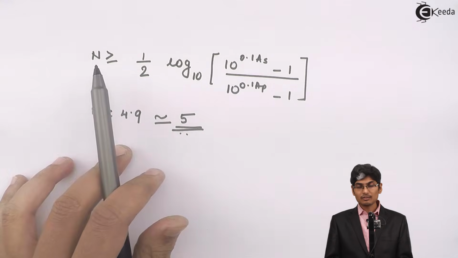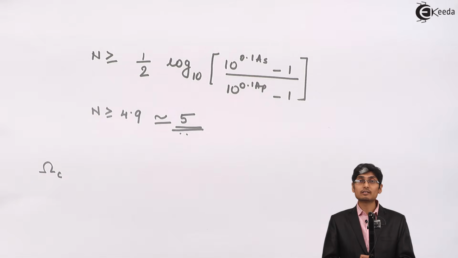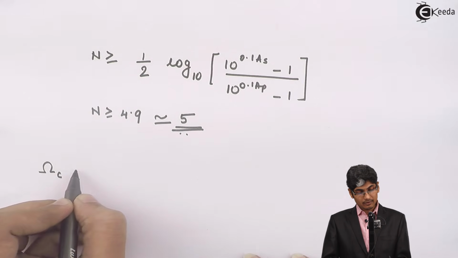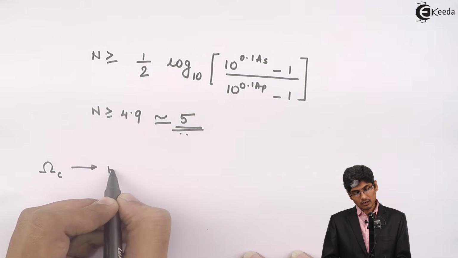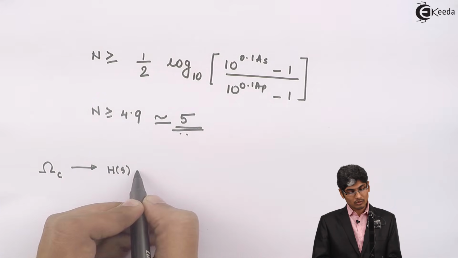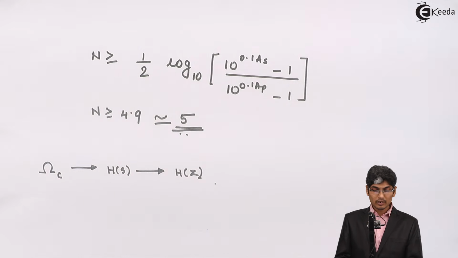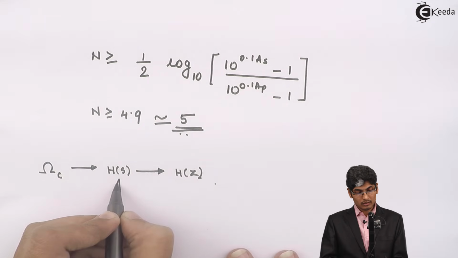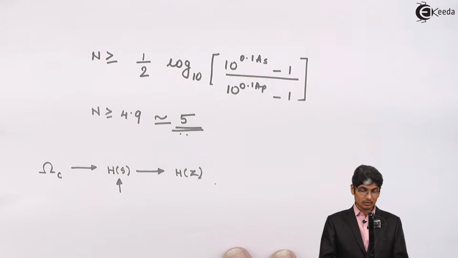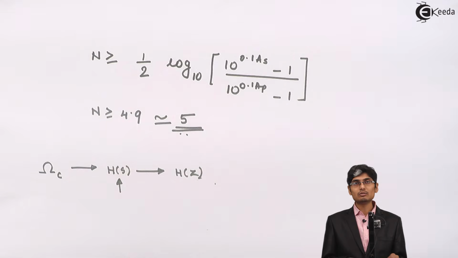That means after order you have to find omega c, the cutoff frequency. After finding the cutoff frequency, you go for H of s. After finding H of s, you go for H of z.